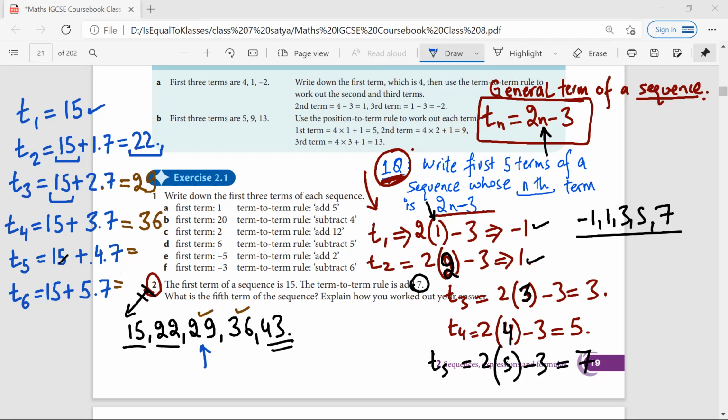My fifth term should be 15 plus 4 into 7, 15 plus 28, which will be equal to 43, which is correct. And my sixth term would be 15 plus 5 into 7, 35 plus 15, which is equal to 50. Satya, have you understood the logic or not? Yes, sir. I understood.